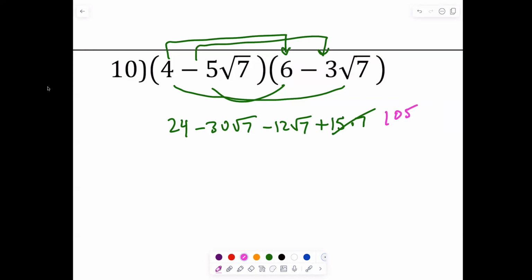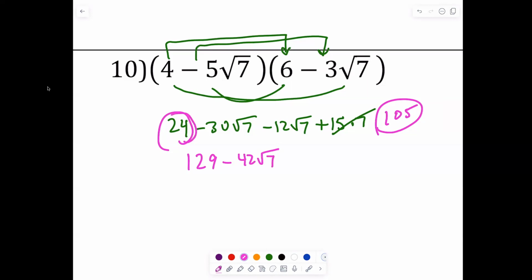Now, here's where some people make a mistake. It's not 24 minus 105. It's 24 what? Plus. So that's 129. Wait, why is it plus?